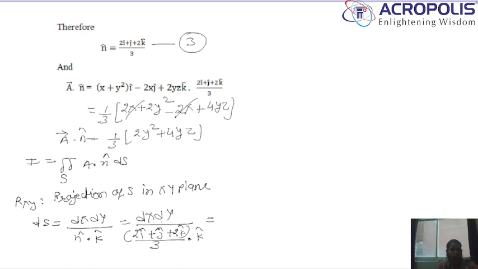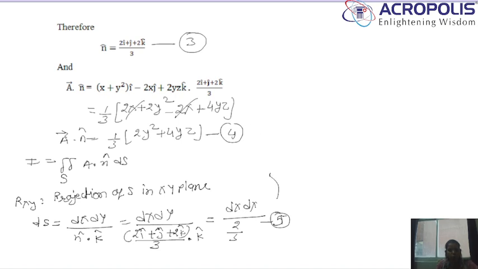So the result will be, if we multiply i by 0, it is 0, j by 0, 0, and k by k, that is 2 by 3. The value is dx dy upon 2 by 3. See our equation 4. Now we put the value of n cap, A dot n cap, which is our equation 3, and we write equation 4 and it is our equation 5.